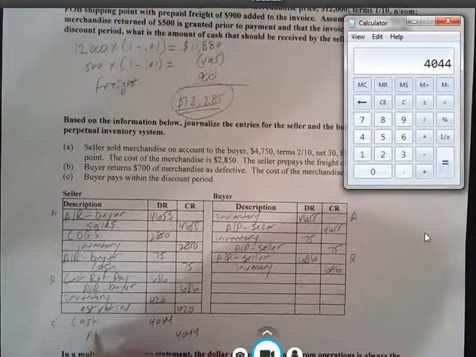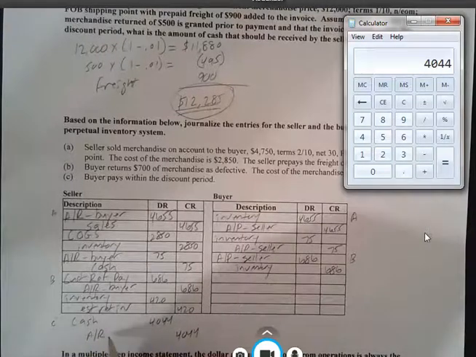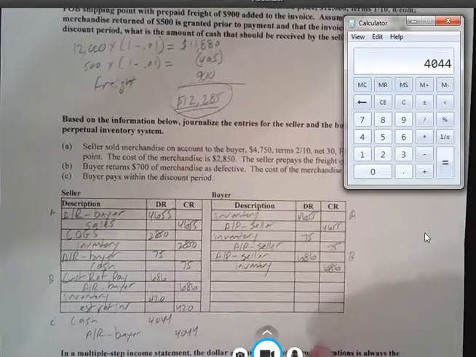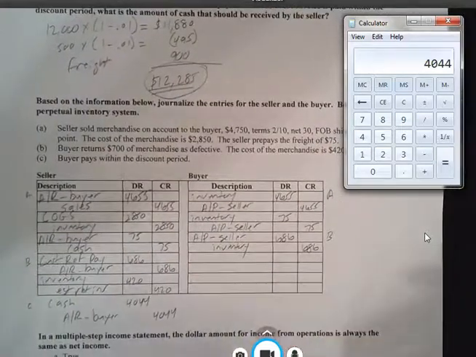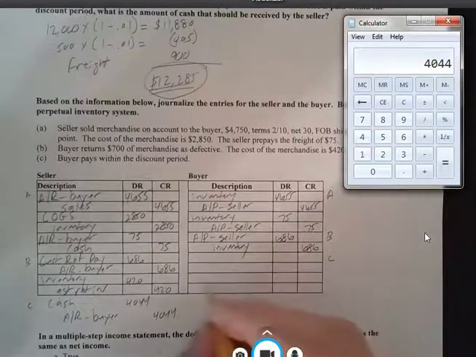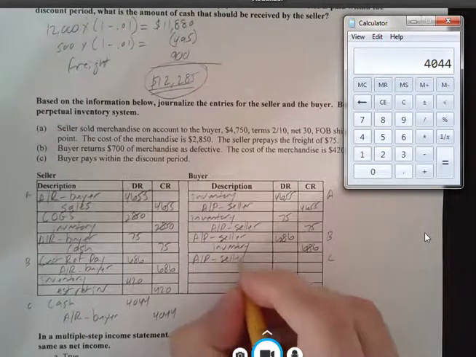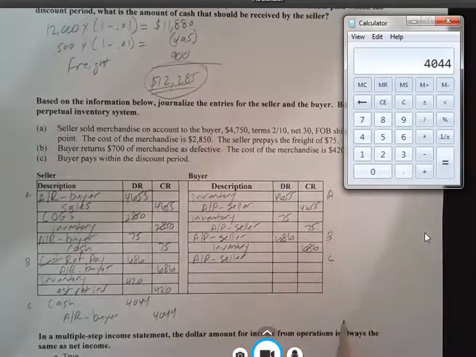and we're going to credit the total of the accounts receivable. Most of that was for merchandise, and $75 is for the freight, for the same 4044. And then for the buyer, we're going to debit the remainder of the accounts payable, which is that same figure.